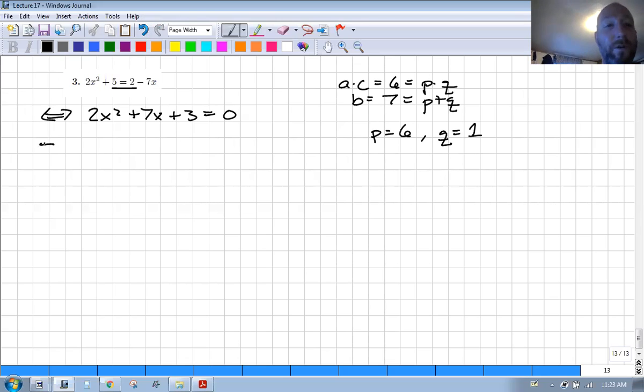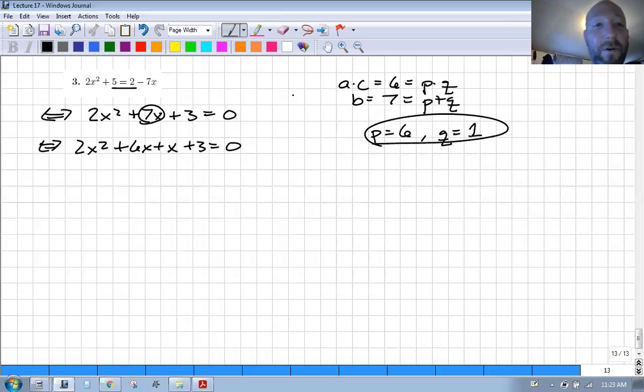So what we do is we take our 7x and rewrite it as 6x plus x, like we did last time, over and over again. So out of here, we could pull a 2x out, and that gives us an x plus 3. And over here, we'll rewrite this as 1 times x plus 3.